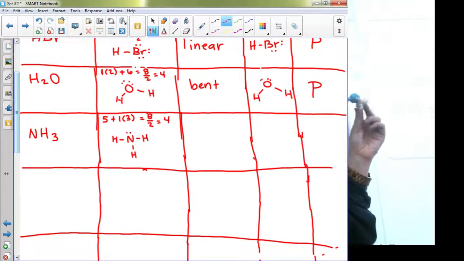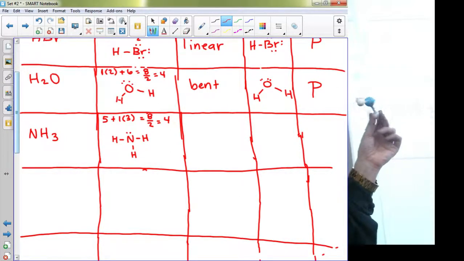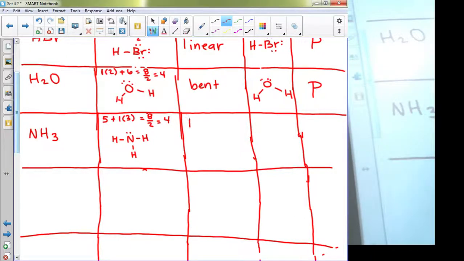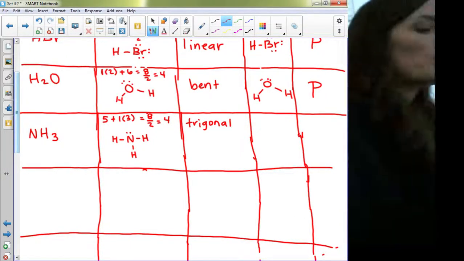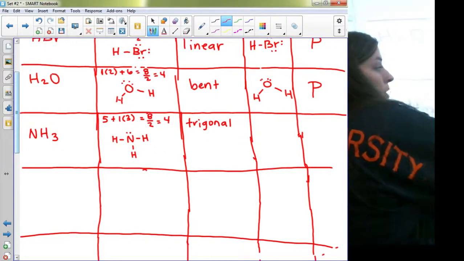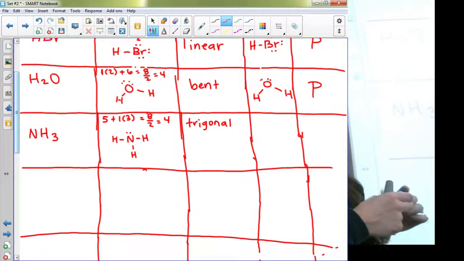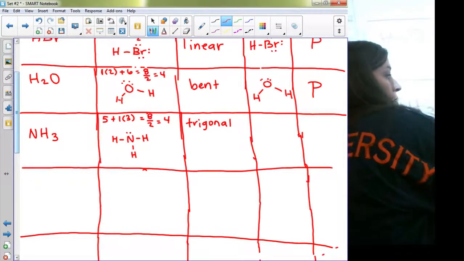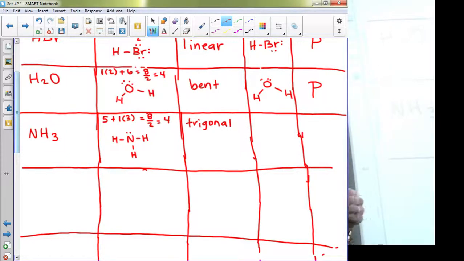So I know the geometry has to be what? That's trigonal, right? So I know my shape has to be something that's trigonal because it's got 3 things bonded to it. Now if I asked you for the electron geometry, what would you say? How many things are on this central atom? 1, 2, 3, 4. So if I asked you for the electron geometry, you'd say it was tetrahedral.